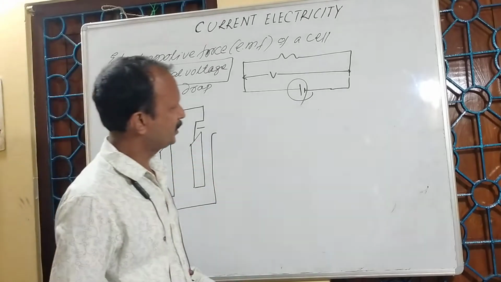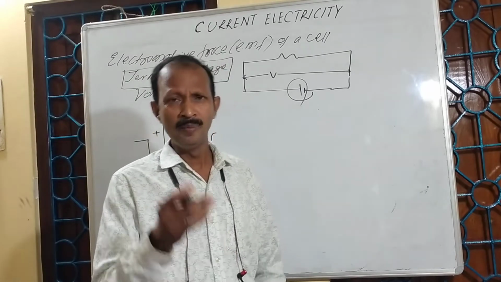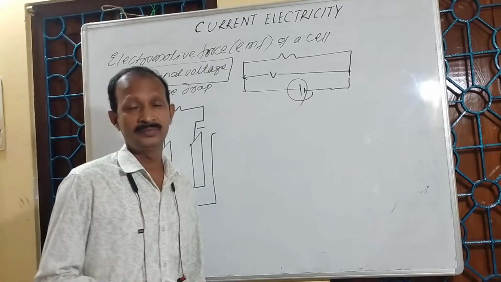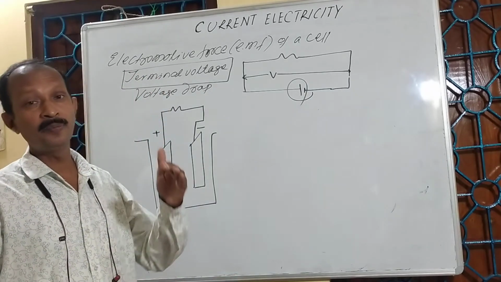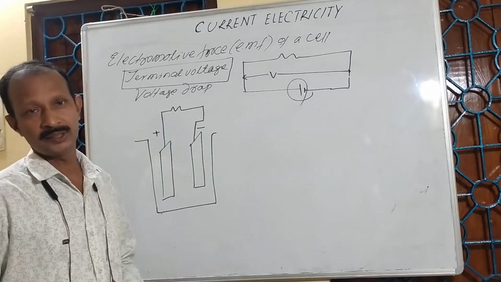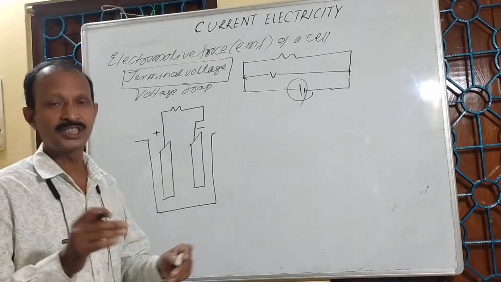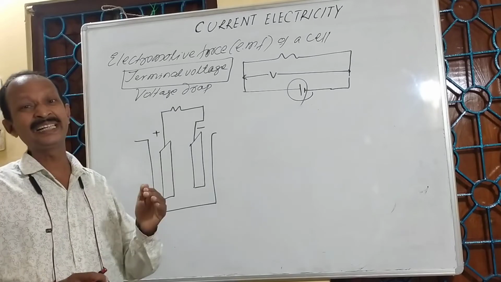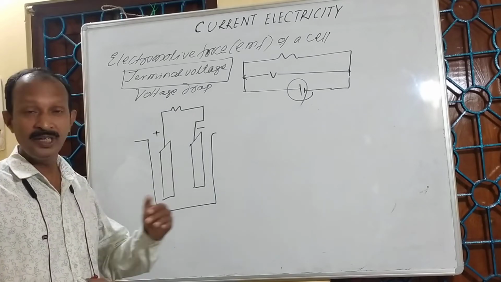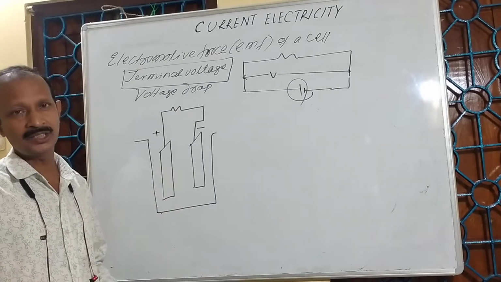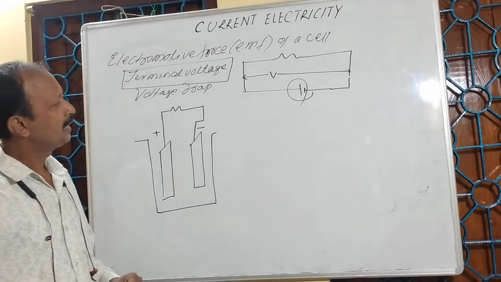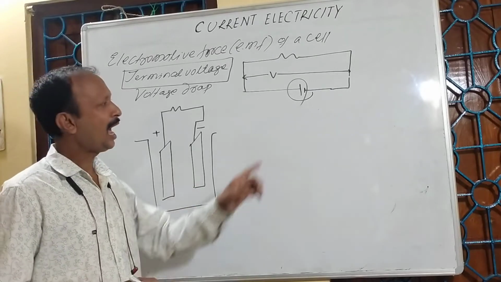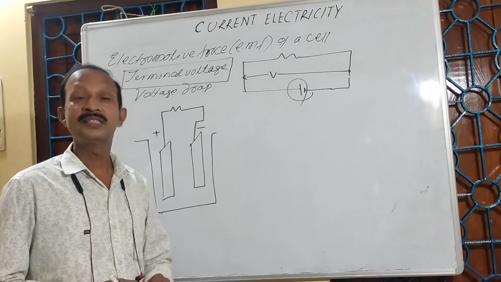I can say that how much amount of work done or how much amount of energy spent per unit charge in moving a positive test charge in a circuit across the cell.